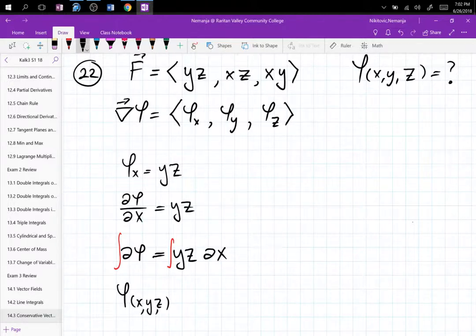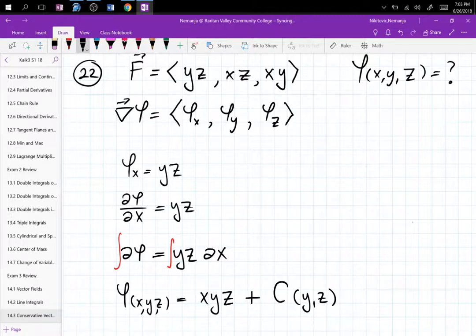F of x, y, z, phi of x, y, z is equal to, and when I integrate with respect to x, yz is a constant, right? I'm integrating with respect to x. You see the dx at the end. So it's just going to be xyz, plus some function c in terms of y and z.